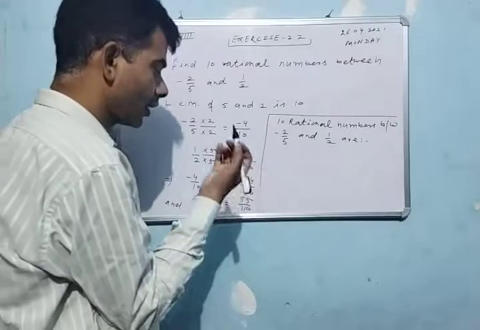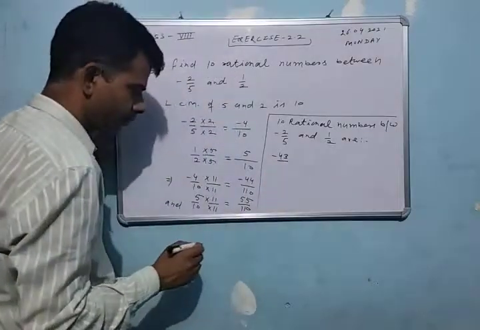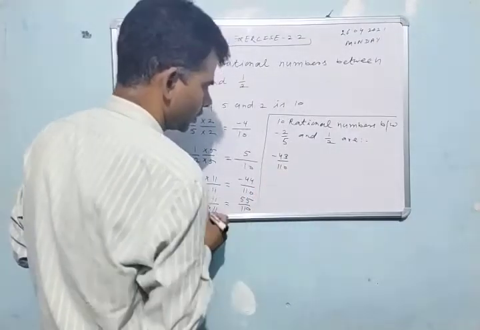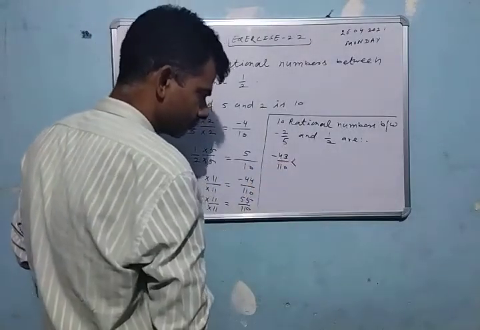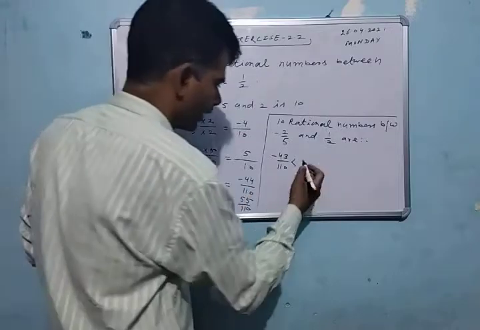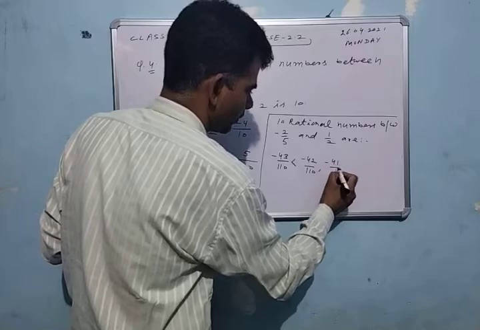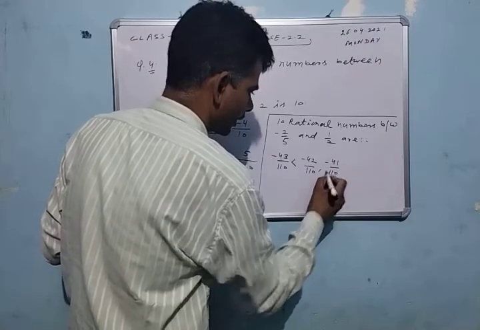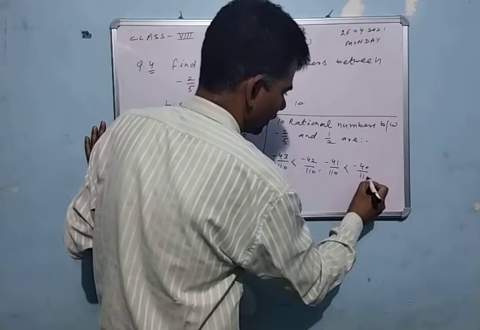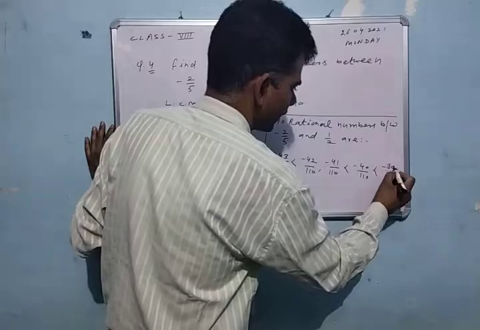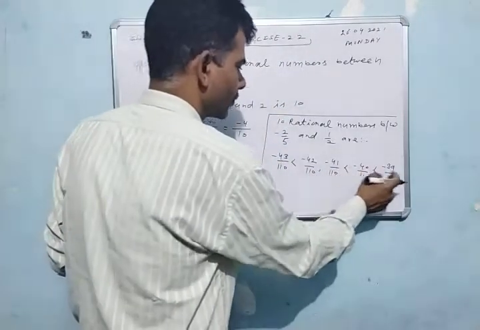Students, between minus 44 and 55, minus 43 by 110 also comes. Students, this is less than minus 42 by 110, minus 41 by 110, minus 40 by 110, minus 39 by 110. 1, 2, 3, 4, 5.